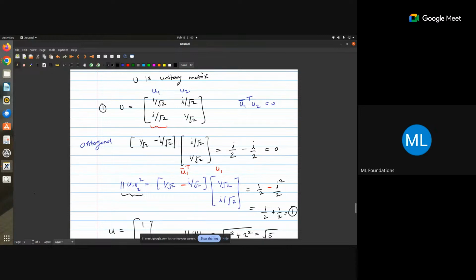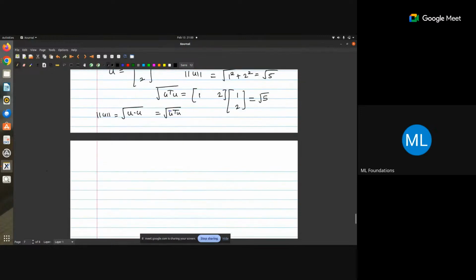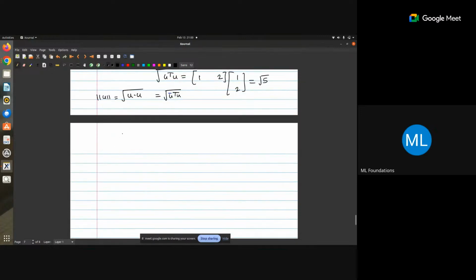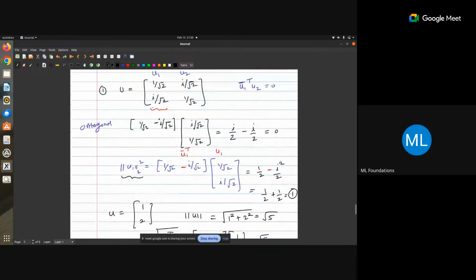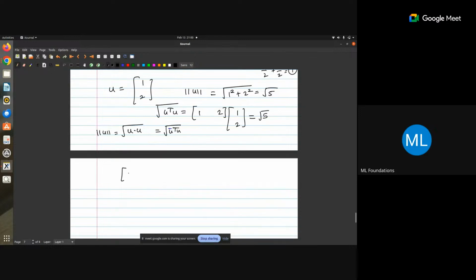Similarly, what is the length of u2? u2 is i by root 2 and 1 by root 2. The length of u2 should be equal to the square root of u2 conjugate transpose u2, right?